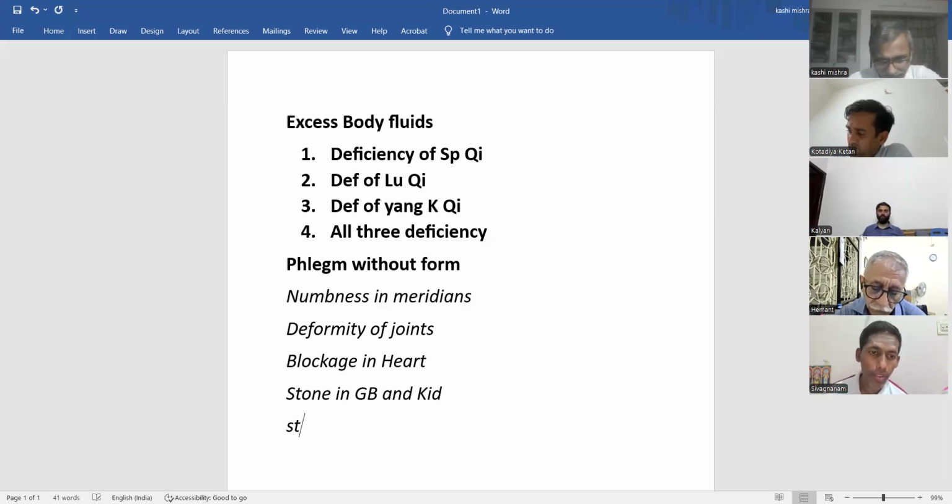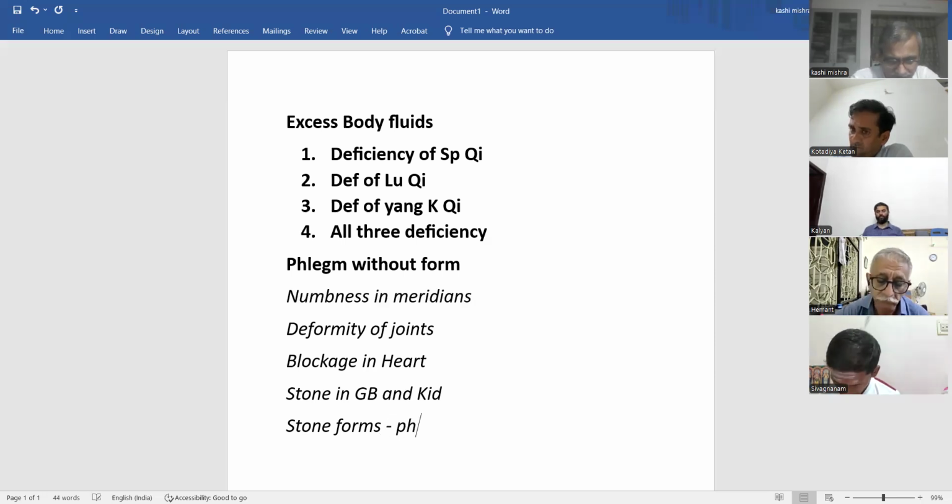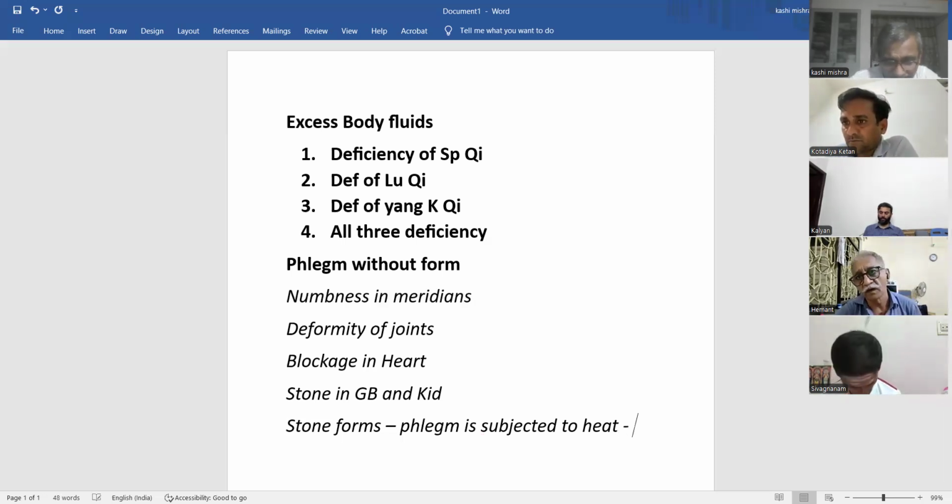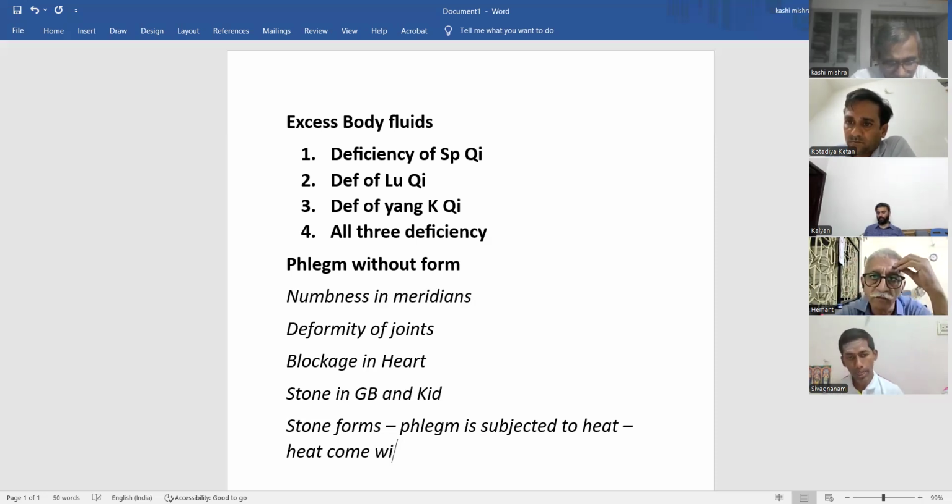Stone formation forms because phlegm is subjected to heat. ये क्या लिख दिया हमने, so heat comes from where, liver, heat comes with blood.